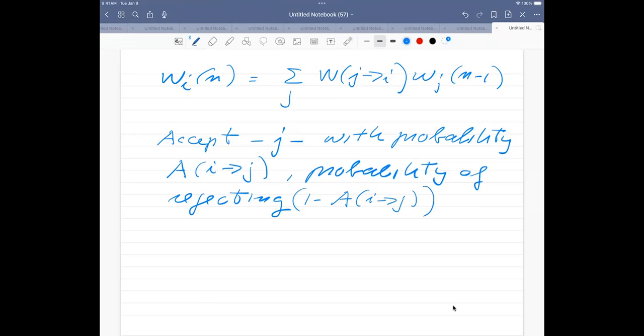So there are just two probabilities, reject or accept, and if you sum them up, they sum up to 1. Does that sound reasonable?